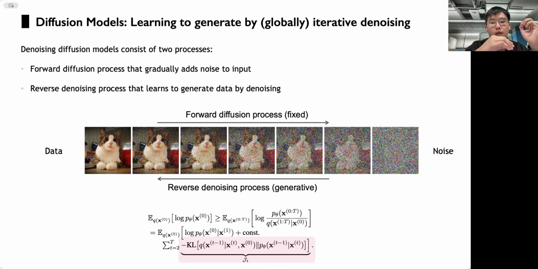You start with completely noise and iteratively denoise, or add some signal to the noise, and after many steps you get clean data, which is the sample you want.